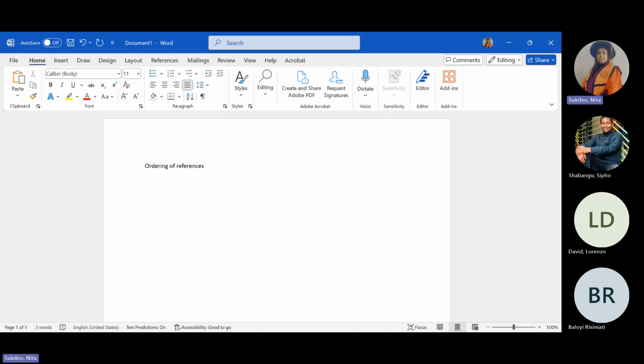So the order of referencing first, or the order in which you base your argument. For example, you have an author that is 2022, you have an author that's 2024, and you have an author that's 2018. When I say put it in chronological order, it means that the 2018 author said this first.